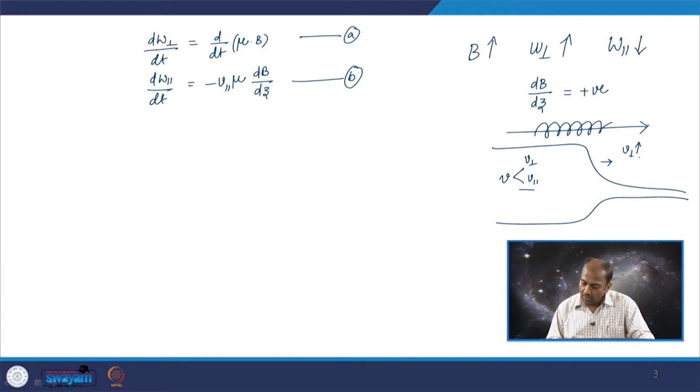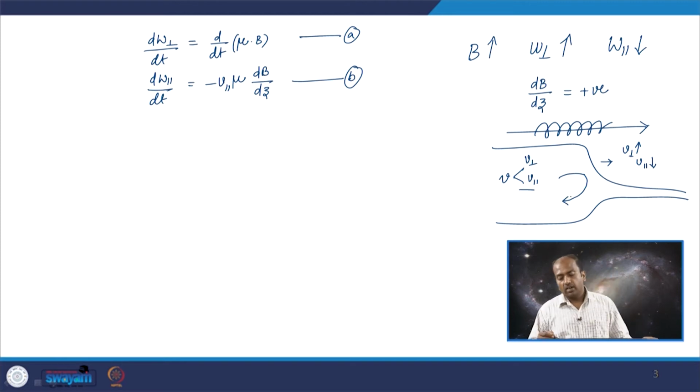As a result, at some point in the convergence, v parallel will almost be 0. That means there is no velocity component which will make the particle travel along the z-axis, along the magnetic field. With only the perpendicular component of velocity, the particle will immediately turn back to conserve the total energy, right.